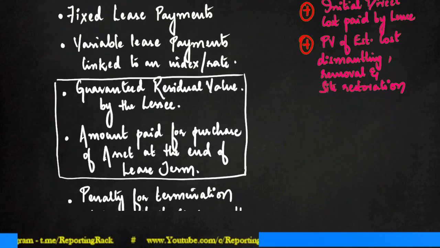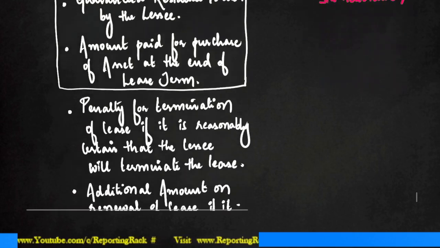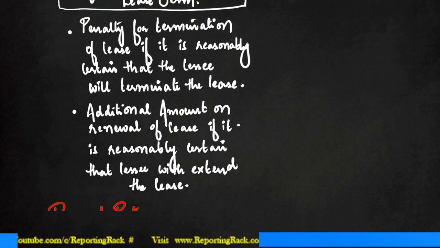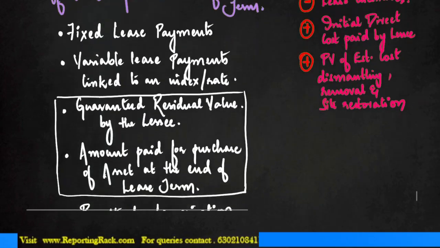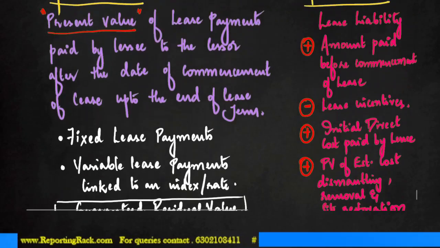These lease payments are split into 5 parts: fixed lease payments, variable lease payments linked to an index, amount paid for purchase of leased asset at the end of the lease term or the guaranteed residual value, penalty for termination of lease if it is reasonably certain that the lessee will terminate the lease before the end of the lease term, or the additional amount paid for renewal of a lease if it is reasonably certain that the lessee will extend the lease. All these we have seen as inclusions in lease payments.